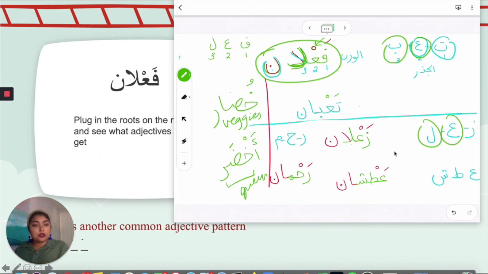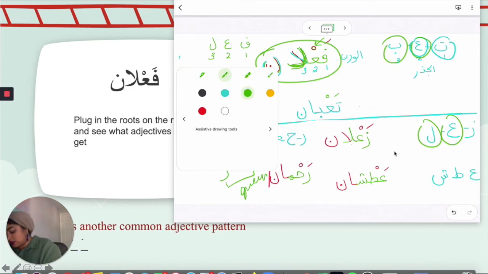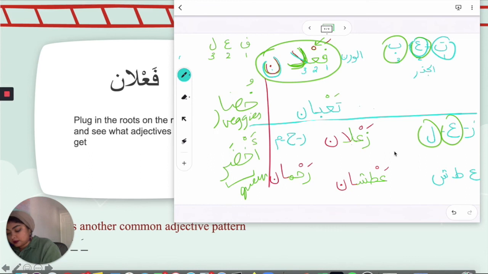If I see, for instance, a new adjective, here's one we haven't done: khafif. Even if you don't know the meaning and you don't know the root letters, you can say, oh, I think it kind of rhymes with the other adjectives I know: jameel, ba'id, kabir.